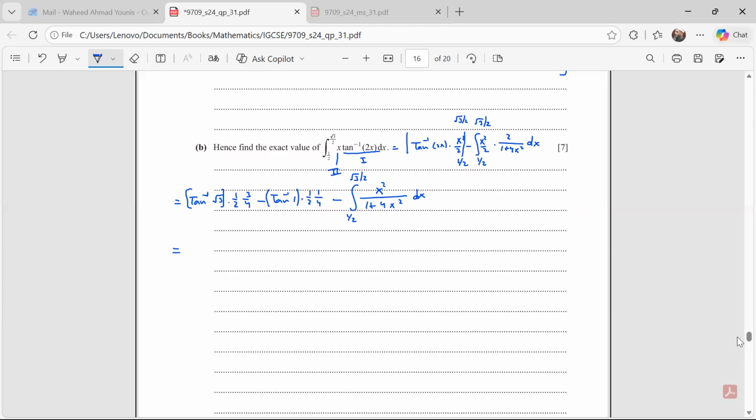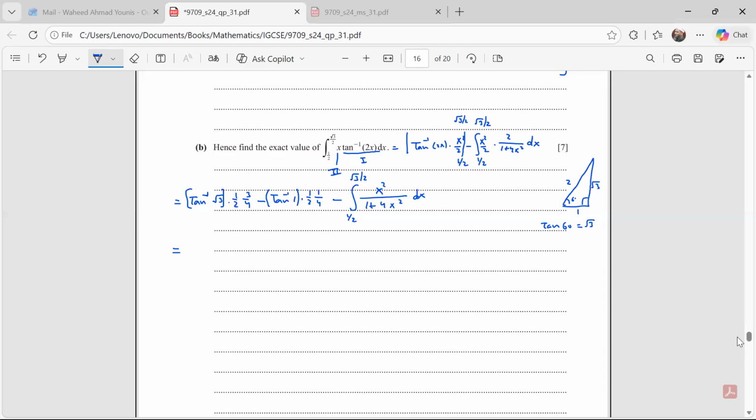Okay, what is tangent inverse of under root 3? You remember, if I have a triangle with this angle 90 degree and this 60 degree, so this is 1, 2, and this is square root of 3. And the tangent of 60 degree is under root 3, right? So tangent of 60 degree is under root 3.